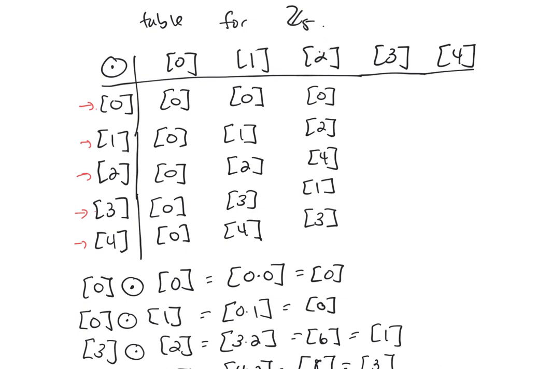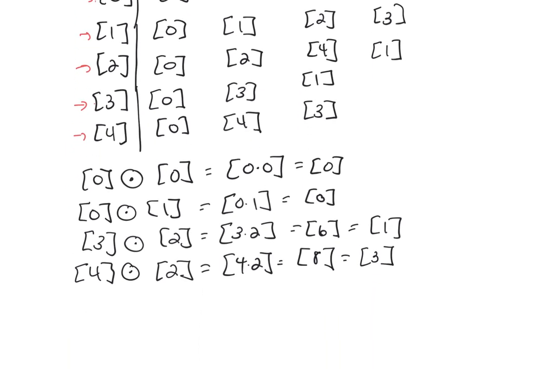So let's move to the column for 3. So if I take 0 times 3, I get 0. 1 times 3, you're going to get 3. 2 times 3 will give you 6, which we said was 1. And now let's look at 3 times 3.